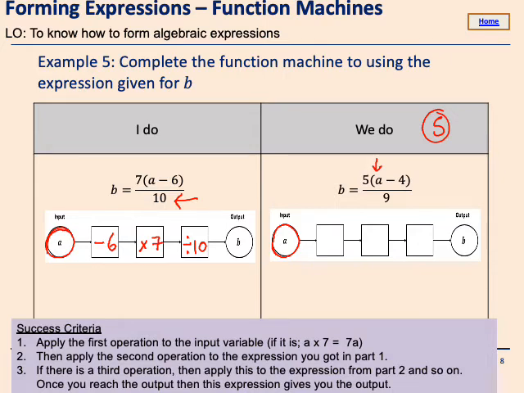What's the first thing that happens to it? So I can see that with my order of operations, I do what's in the brackets first. So first of all, it's having 4 subtracted from it. Then I can see that it's being multiplied by 5. And then I can see, because the denominator is 9, it's being divided by 9. So give yourselves the mark if you got that right.